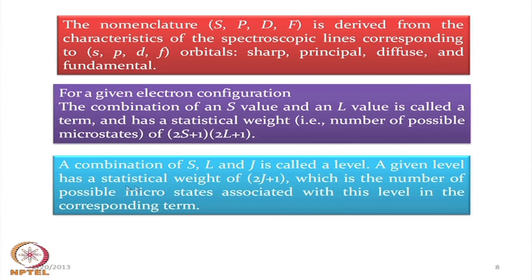A given level again has a statistical weight of 2J plus 1, which is the number of possible microstates associated with this level in the corresponding term. So, if we have J equal to 1, we have 2 into 1 plus 1, that means 3 different states for that J value.